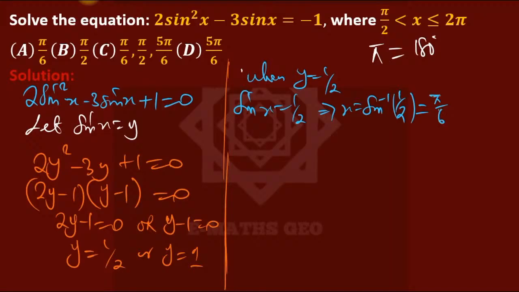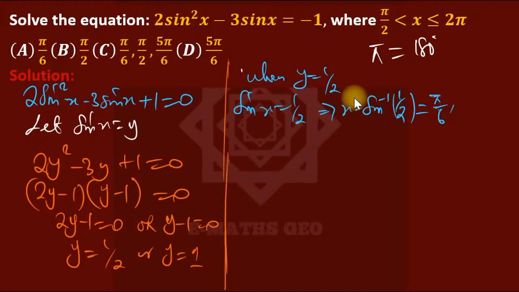Remember, pi is 180, so the options are in radians. And also 150.